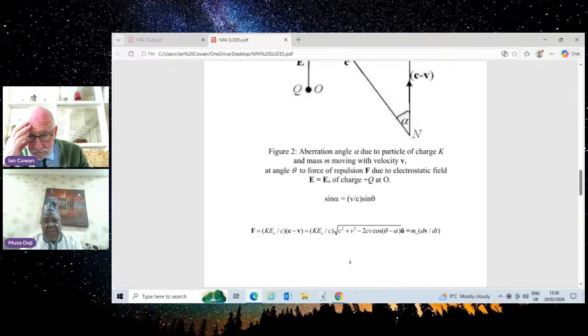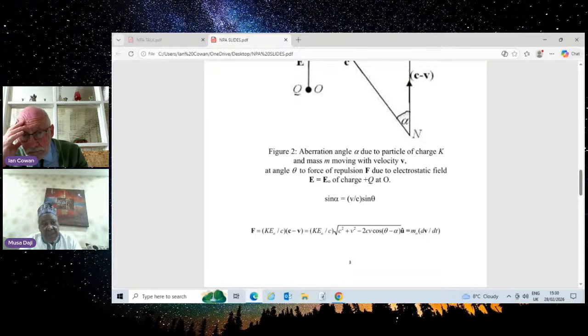Even the speed of the protons in the Large Hadron Collider has reached the speed of light, but there was no infinite mass. Here is a very relieving situation to have speed of light without infinite mass. And all this came because of neglect of aberration of electric field and aberration of light.